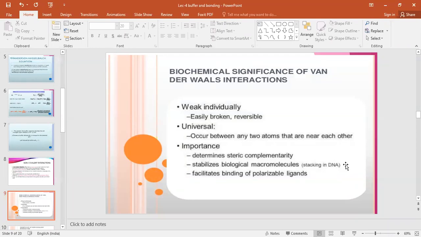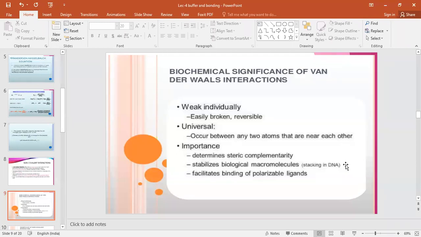It is very universal, means it occurs between any two atoms that are near to each other in their physical distance. Importance: it determines the steric complementarity.